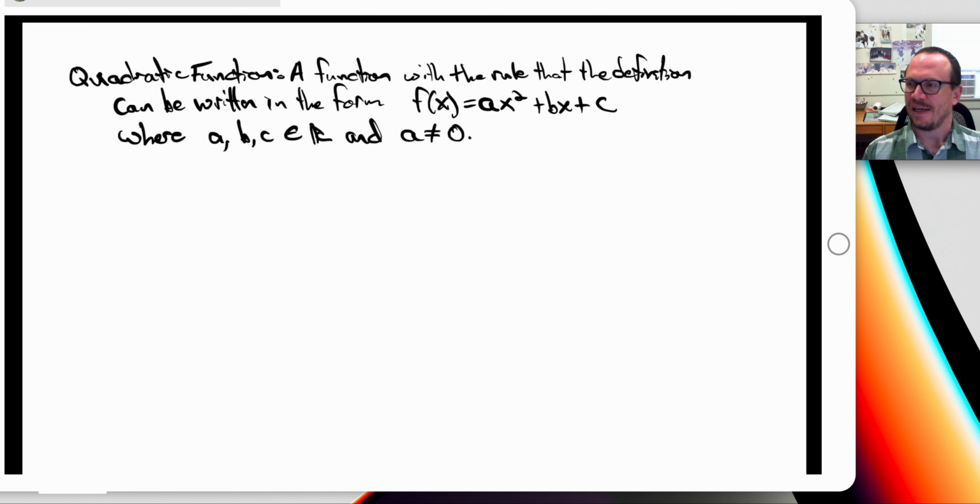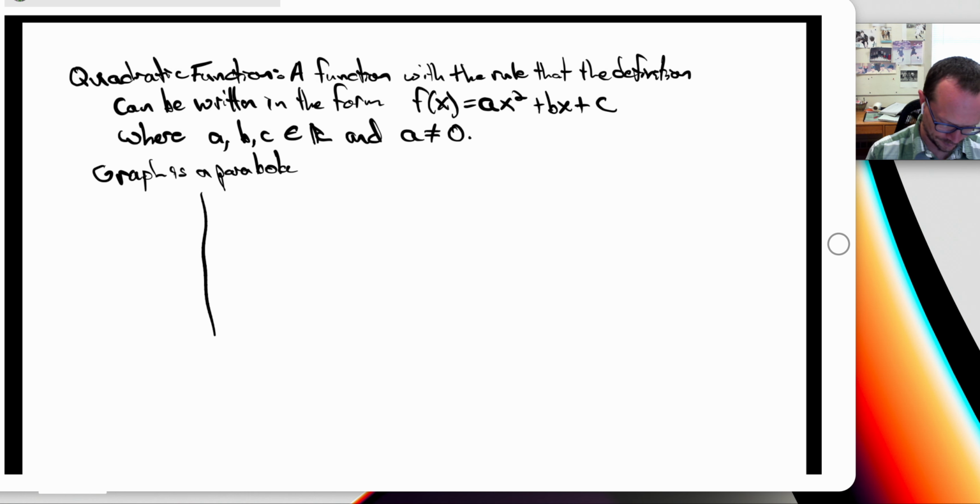And when we graph a quadratic function, we get, no surprise here, hopefully, a parabola. I don't even really need to throw axes up, but to make it comfortable, I'll throw them up. Here we go, parabola.